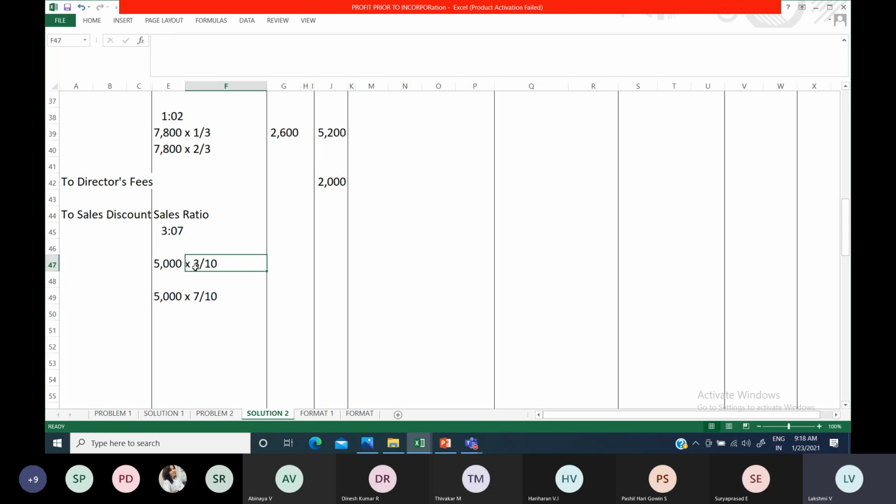So 3 divided by 10, how did we get it? 3, the first part, 3 plus 7 is 10. 7, the second part, 3 plus 7 is 10. So you fill it out in the pre-column and post-column. 5,000 into 3 by 10, you take it out and put it under the pre-column.